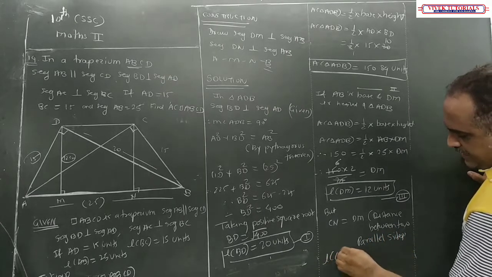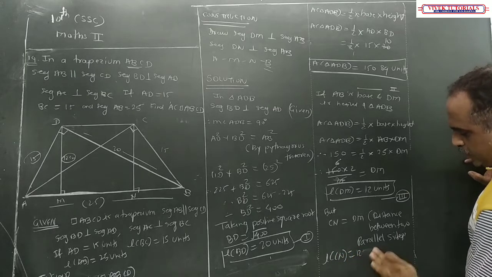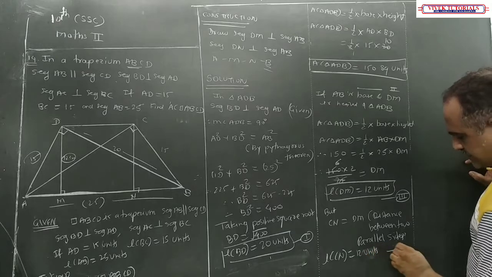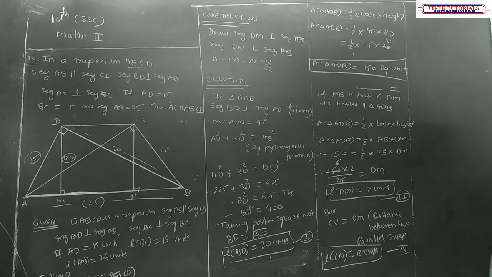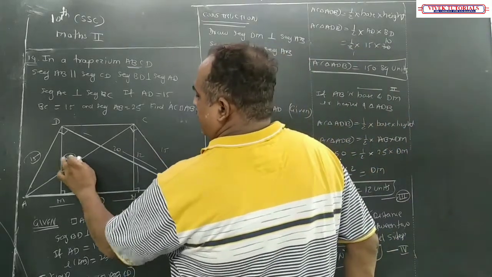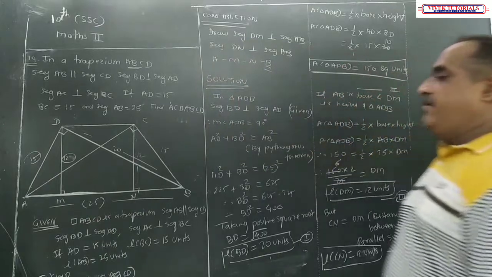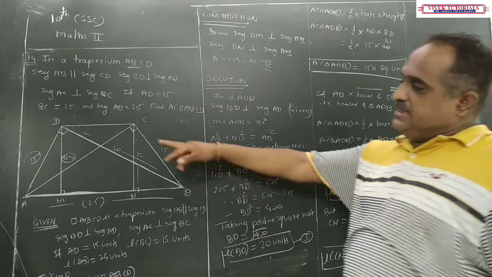Therefore, length CN is equal to 12 units. This I will take as equation number 4. So I got this also 12. अब हमें देखना है कि now students, we got the height. This is also 12.